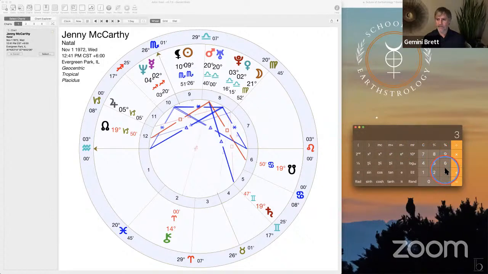I'm going to divide the wheel by that. And I get 19.54. I'm going to multiply that by 6. No. What is it? 8.